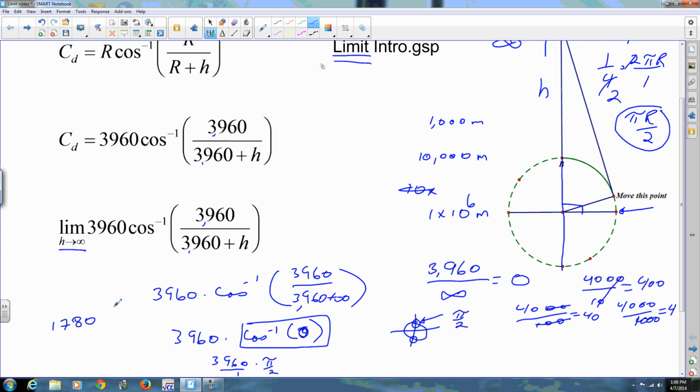Let me check that on the calculator, see if my memory's right. 3960 divided by 2. 1980. Okay, I was close. Alright, we can fix that. 1980 pi. It's the farthest you could see. That is the maximum distance you could see on the surface of the Earth.